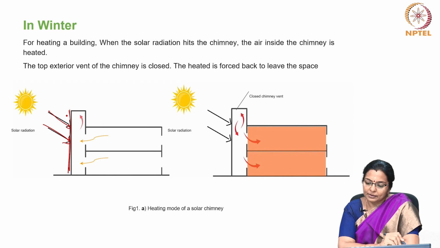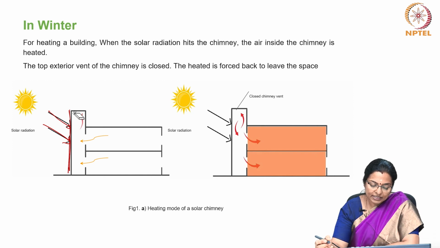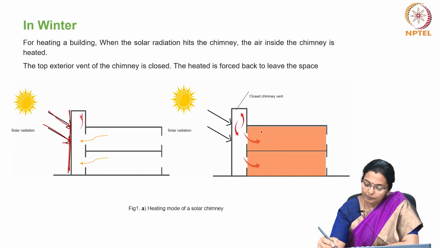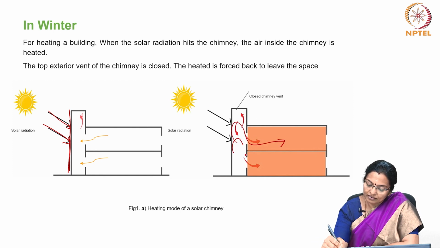And what happens? The heated air is forced back to live in the space. So, that vent is not kept open, but is closed. Once the vent gets closed, the air is forced to enter the room.